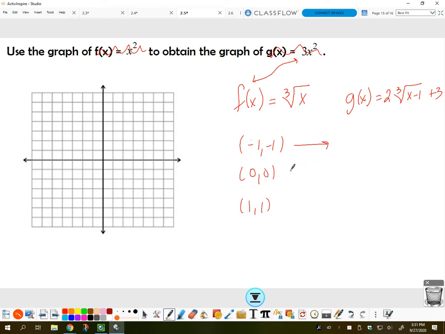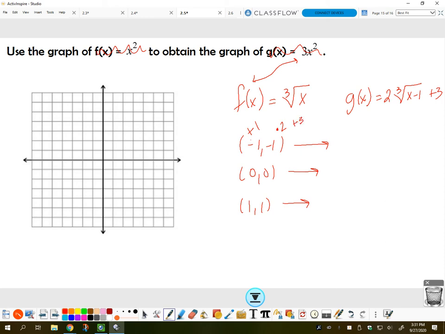All right, so to get our new points, to the x's, the only thing that's happening on the inside is a plus 1. The y's, we have two things going on outside. We're going to times 2 and add 3. Order of operations applies. So we are going to times 2, add 3.